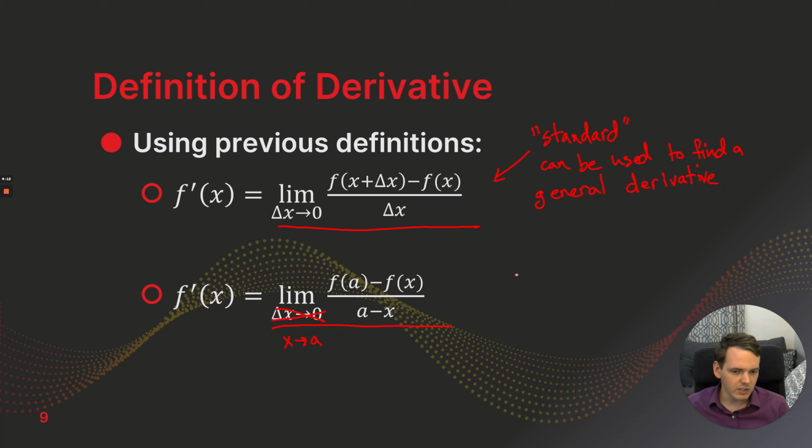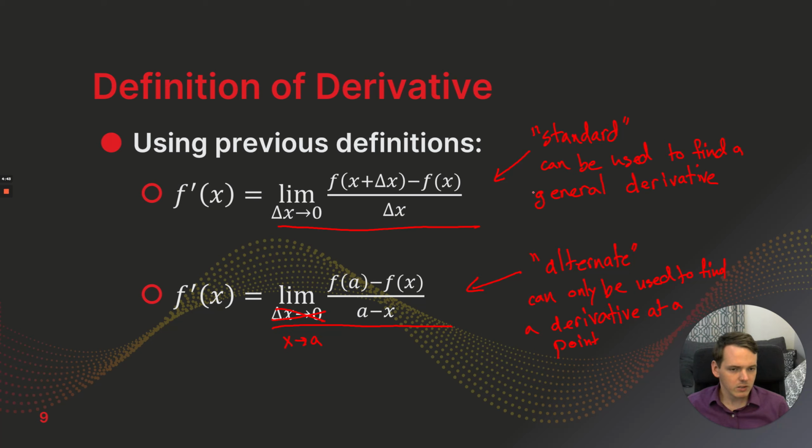Then this one is often called the alternate form, and it can only be used to find a derivative at a point.